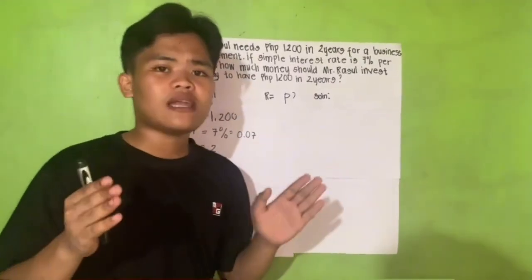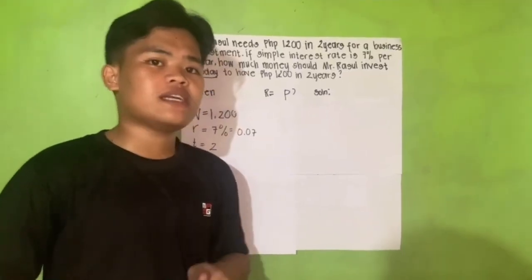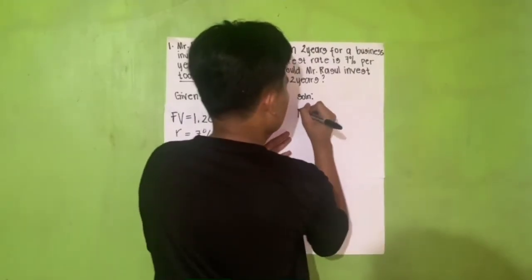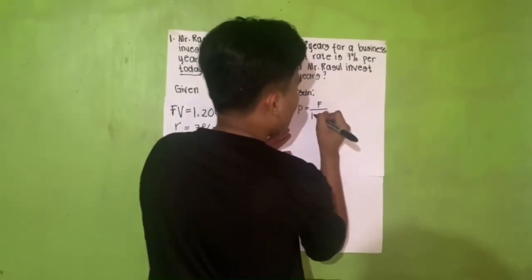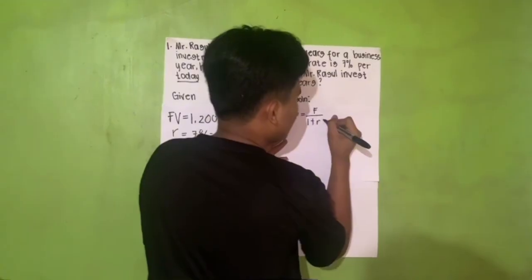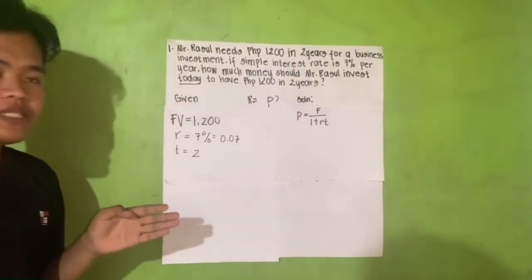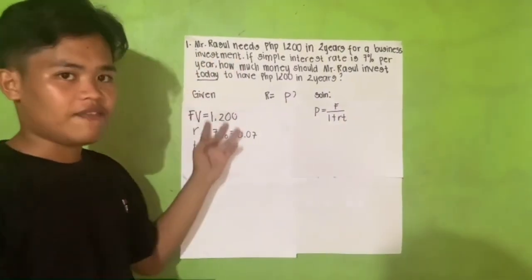So to solve this, let's use the present value formula in simple interest, which is present value equals future value over 1 plus rate times time. Okay, now let's substitute the given.